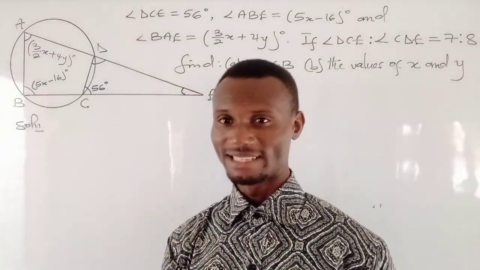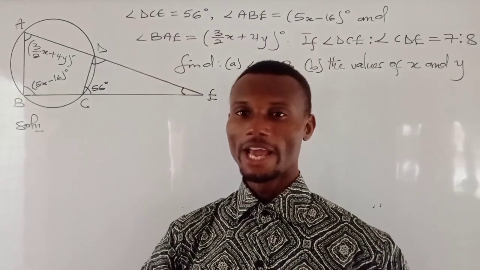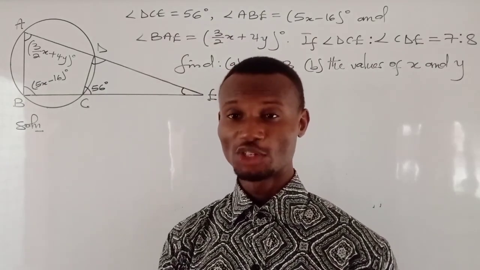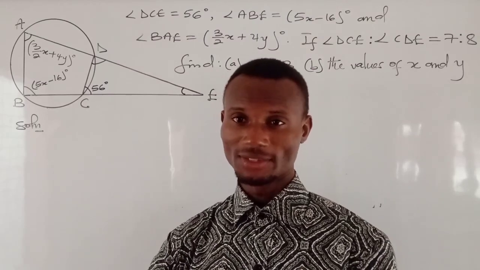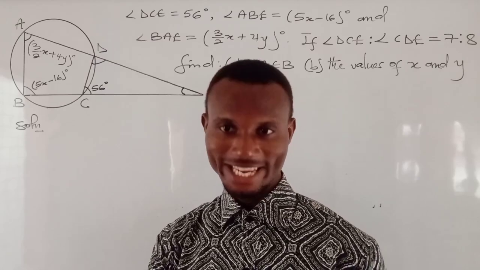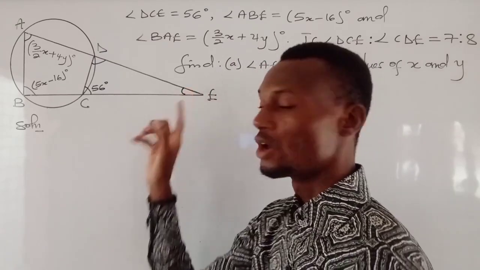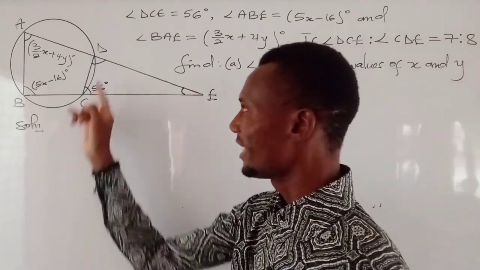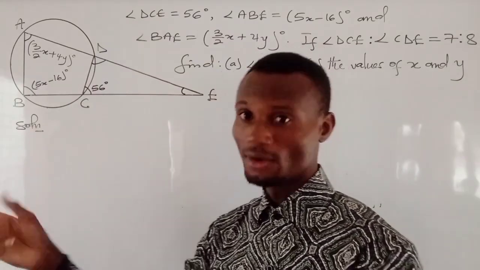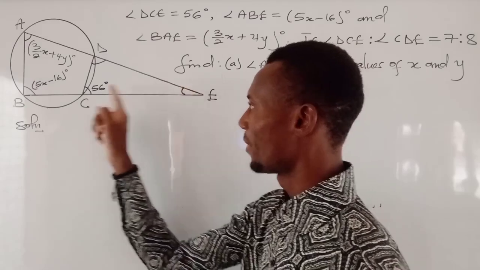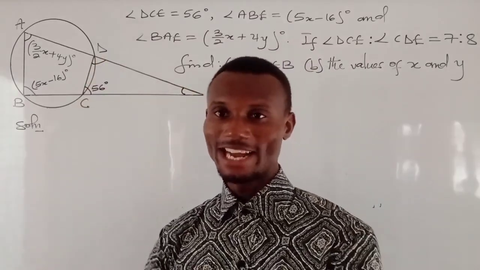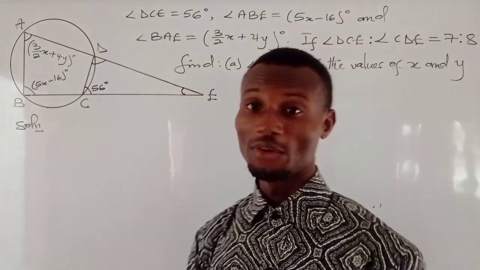All that I'm saying is that we are using a property which says that the sum of the angles in a triangle is equal to 180 degrees. Considering the angle that we are looking for, which is the angle AEB, being formed here, we need to consider the triangle CDE. When we consider the triangle CDE, we can say that the angle here plus the angle here plus the angle here equals 180 degrees, and that will help us find this side that you are looking for.